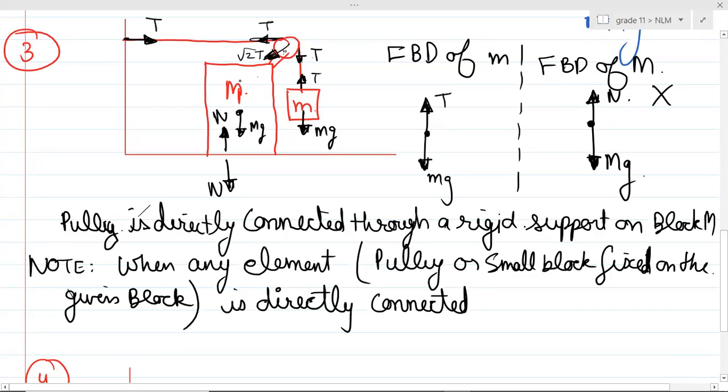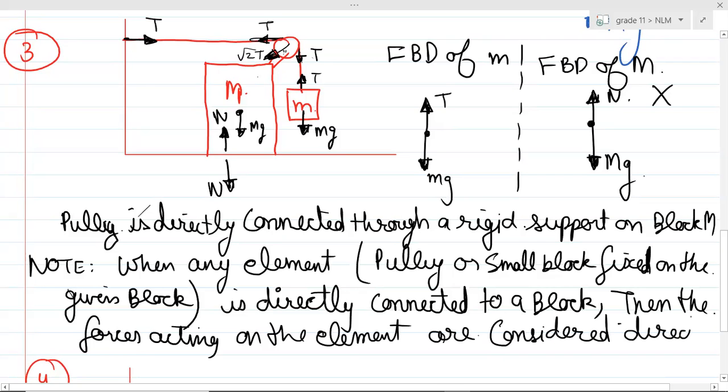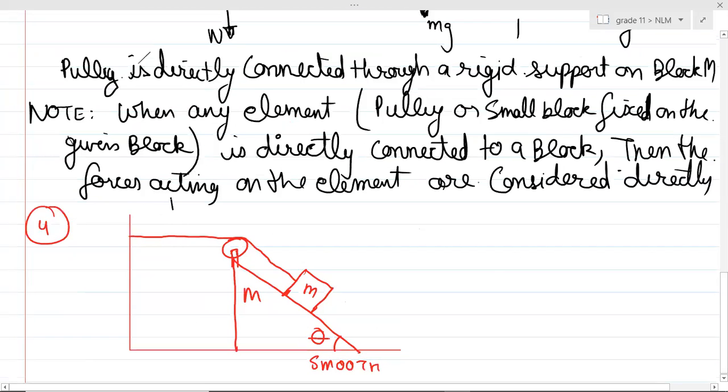So whenever there is any element which is directly connected to any block, then the forces acting on the element are directly considered to be applied on the given block.